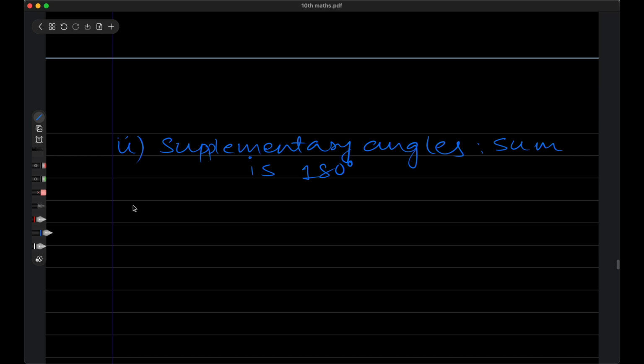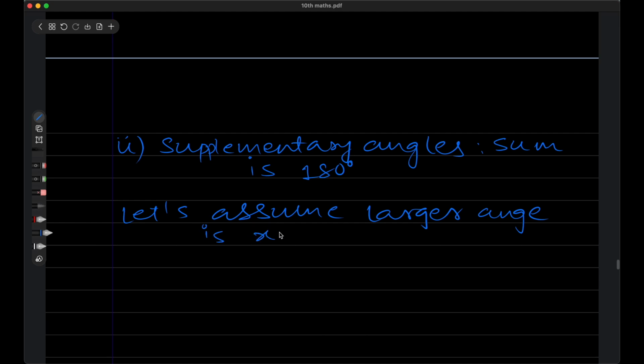Now let's assume larger angle is x degree and smaller angle is y degree.